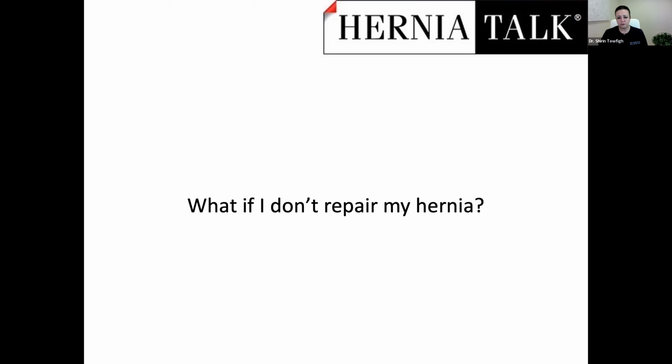If the hernia, however, is symptomatic, which means you have burning, sharp, dull, any type of pain in the area, then you really should get it repaired because the chances are that the pain is telling you that there's something stuck in there. And if you don't address that, that thing that's stuck will cause a lot of symptoms and pain and then obstruction, and you'll need emergency surgery.